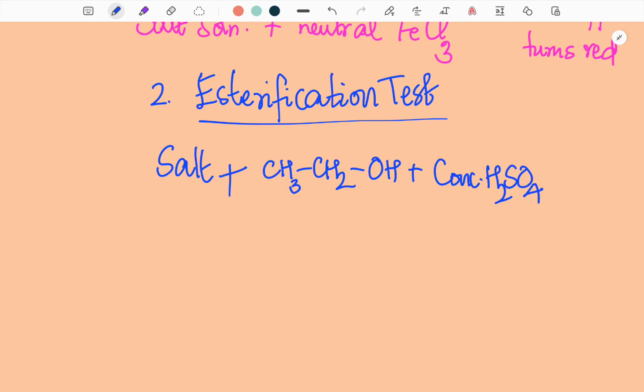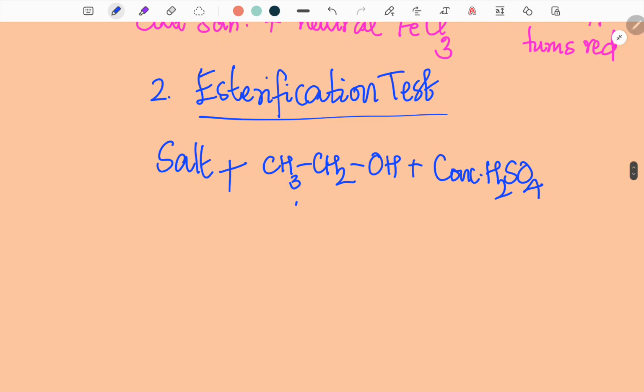But while performing in the lab, we normally find H2SO4 in all the labs, so we often use concentrated H2SO4. But if you are using any other dehydrating agent, this reaction will still work. So once you are adding ethanol and concentrated sulfuric acid to the salt in a test tube, you have to heat the test tube on a water bath.